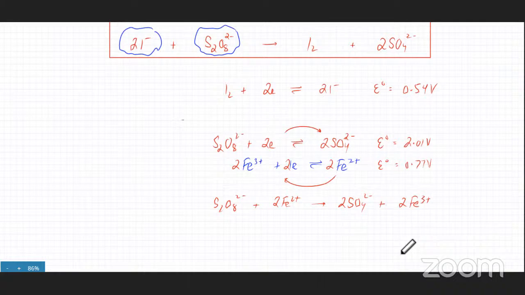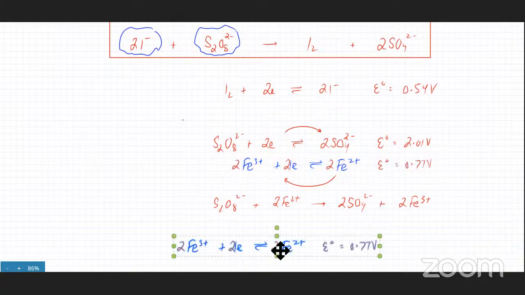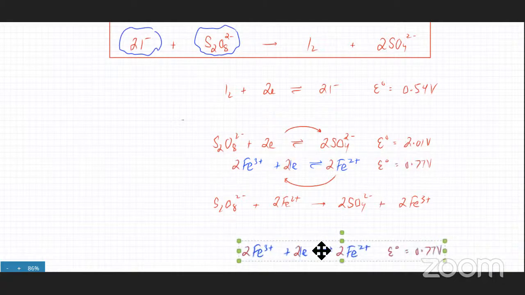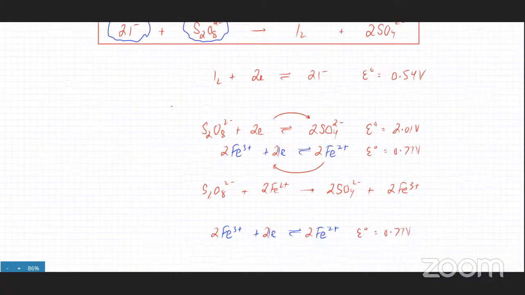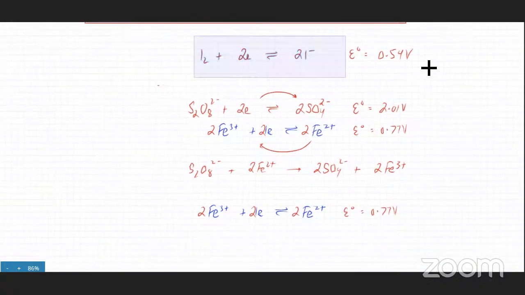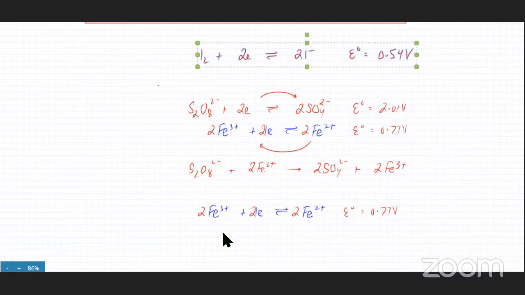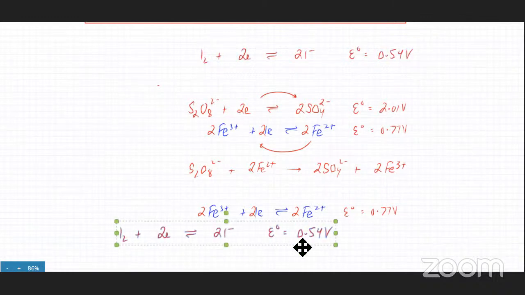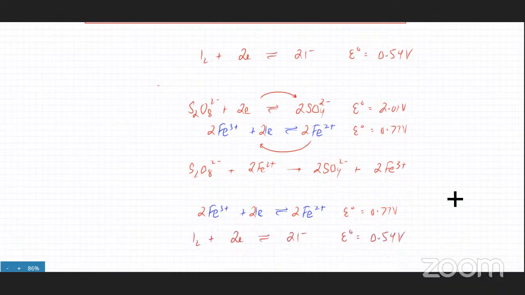And then the same Fe3 plus goes and does a reaction with iodine. So that's the first equation, the first step that's happening.